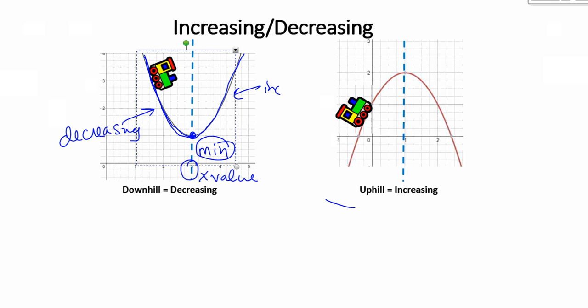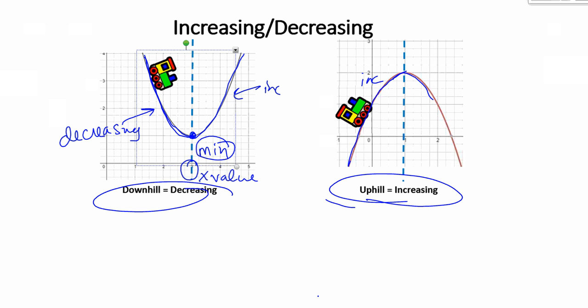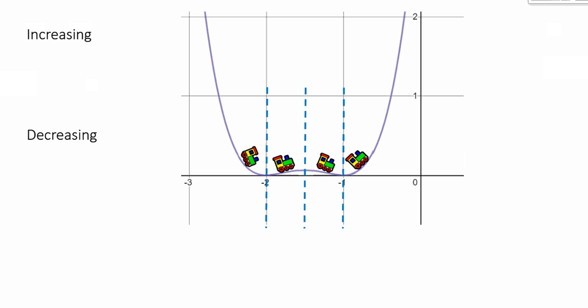Okay, same thing here. Now he's riding the graph, going uphill over here. So uphill means increasing. Change direction, starts going down, and that's decreasing. So all you have to do for these is identify those maximums and minimums, and then use those to help you identify the intervals where the increasing and decreasing values are.